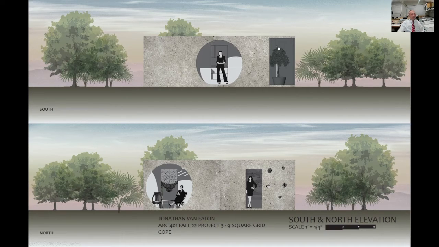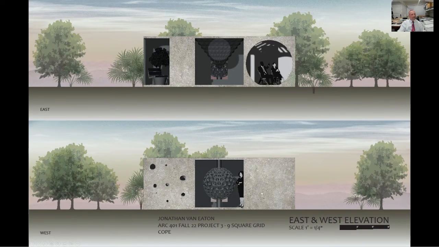You can see I have glazing in that southeast corner where that tree is in there, and of course on the back, or on the north side, there's the outside space, right and left, or east and west.